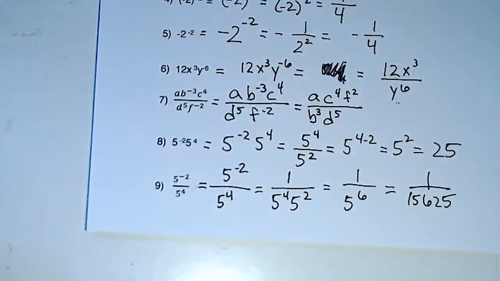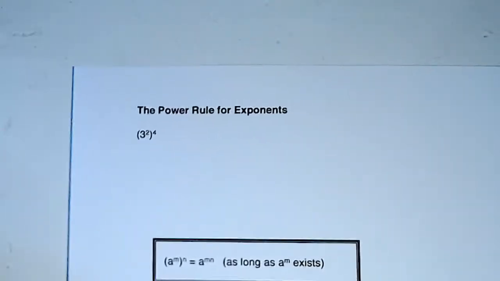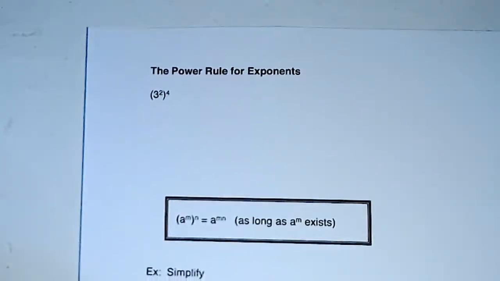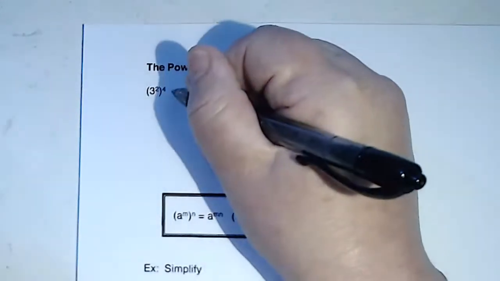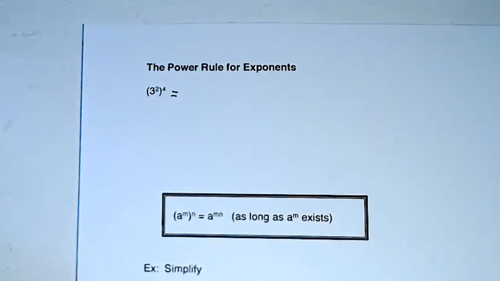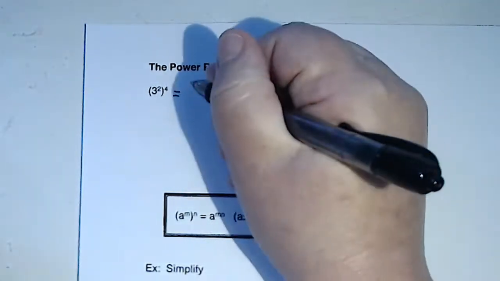Let's press on and do the 4th page just because we roll like that. So here's 5.1, the 4th page, and here's the power rule. Sounds like fun, doesn't it? Okay. If I have 3 squared to the 4th power, what does it mean?